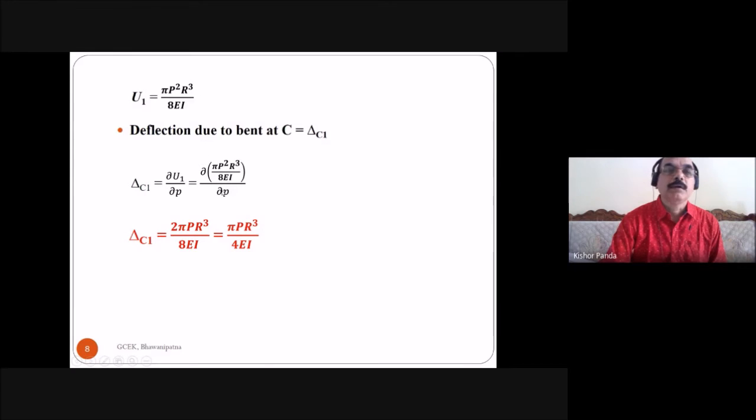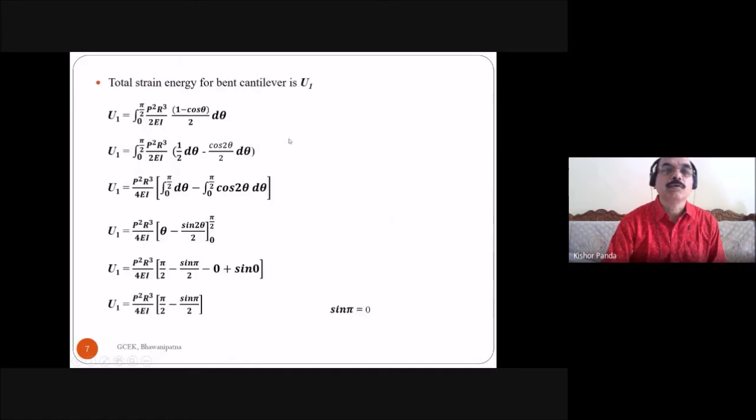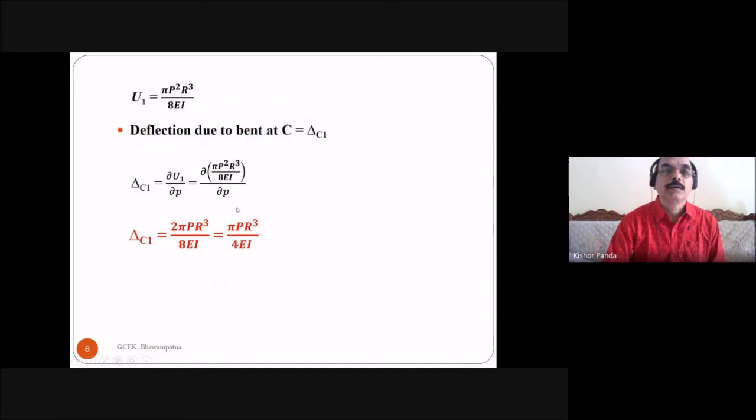Del of pi P square R cube by 8EI by del P is equal to delta C1, which is 2 pi P R cube by 8EI, equal to pi P R cube by 4EI. So this is the deflection due to the bent portion. The deflection at C is pi P R cube by 4EI.